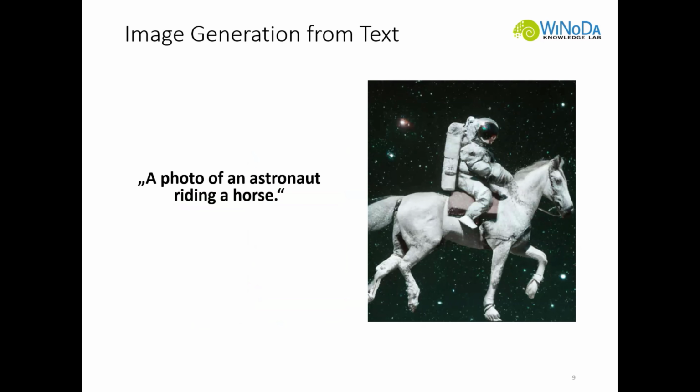Clearly, the guy on a horse in space is probably not taken by a photographer. However, the quality with which this image is created in the details, and the lack of obvious problems in the image, except for the idea that this will probably not happen, is just incredible. So if you use one of these services these days, you can generate pictures that in many cases are not really identifiable as not being taken by a human person, in this case maybe with a camera or so.